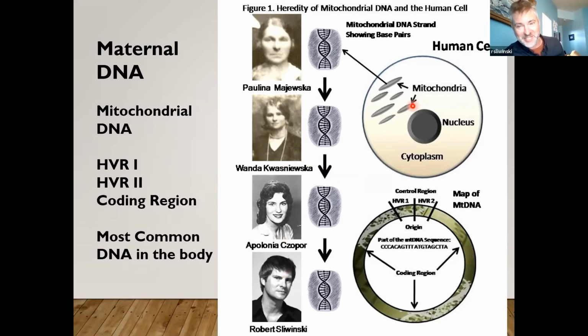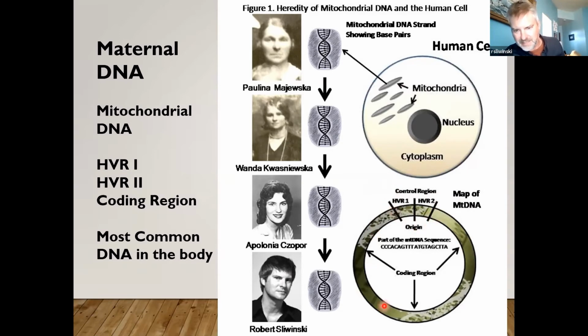Mitochondrial DNA, again, is outside of the nucleus, in the cytoplasm. And think of mitochondrial DNA as being a ring. It's a very small ring. And the areas that the majority of the time they look at for genetic genealogy are HVR1 and HVR2.